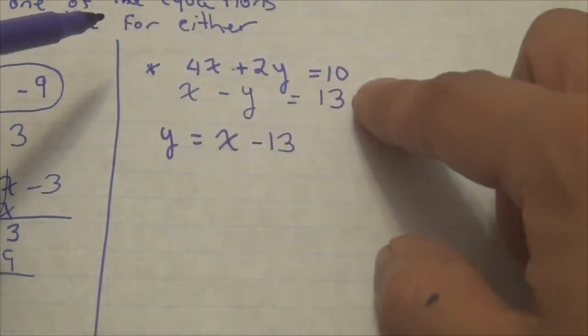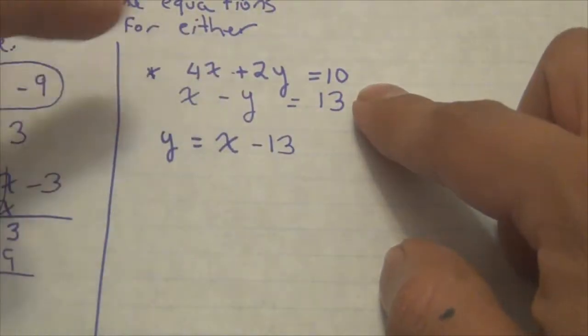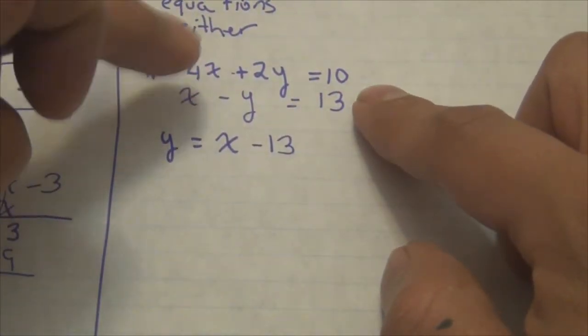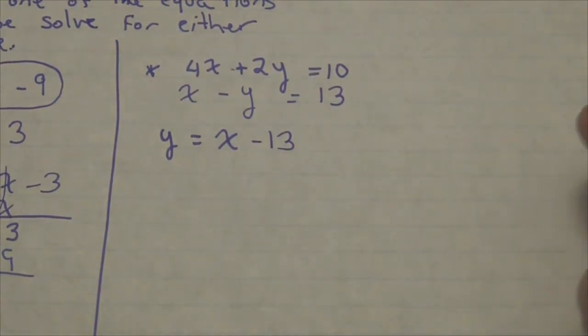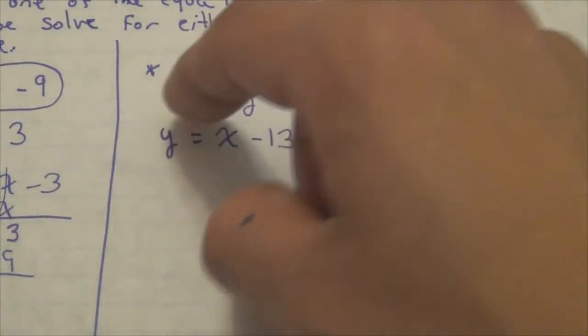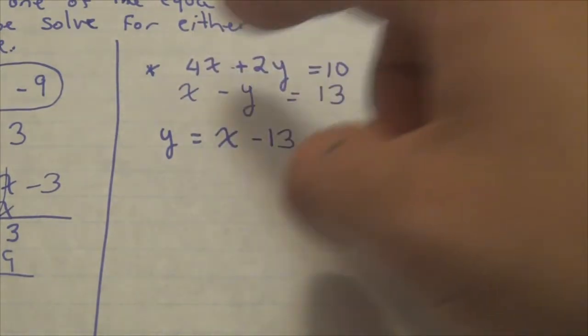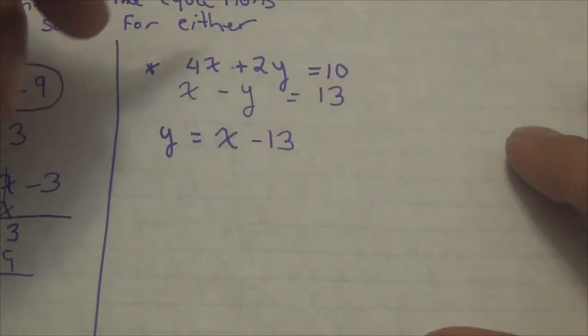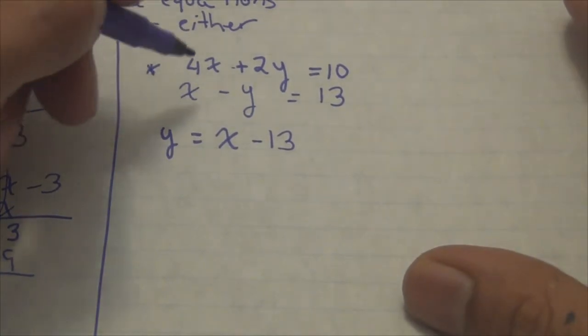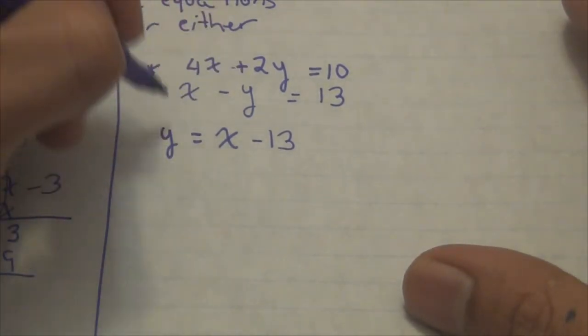I hope you understood that. If not, then solve for y. Subtract x on both sides and then multiply by -1 so the y becomes positive. Doesn't matter. Okay. So now I have my two new equations.